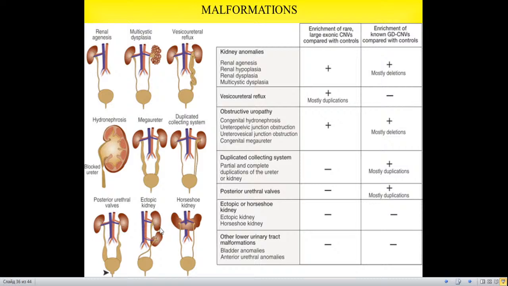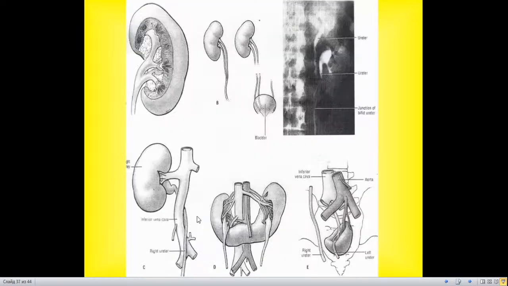On this slide, you can see ectopic kidney. On this slide, you can see a non-typical form of the kidney. This is X-ray examination where you can see malformations of the urinary system.